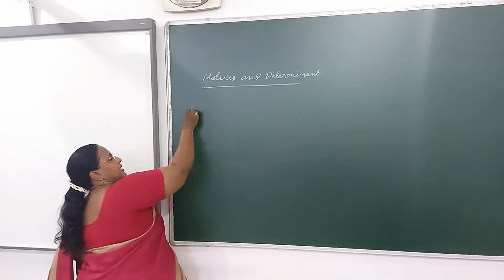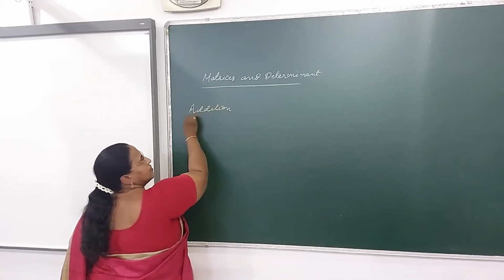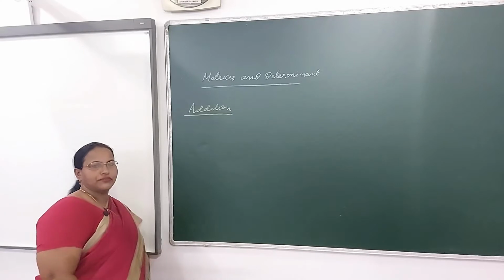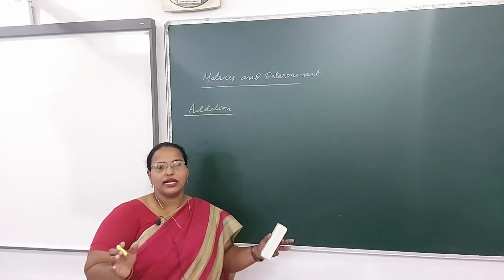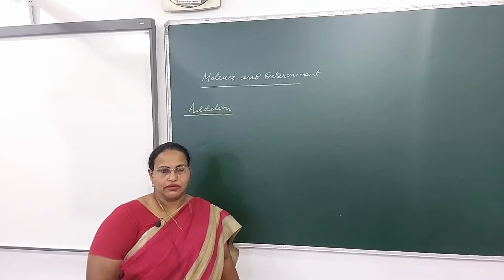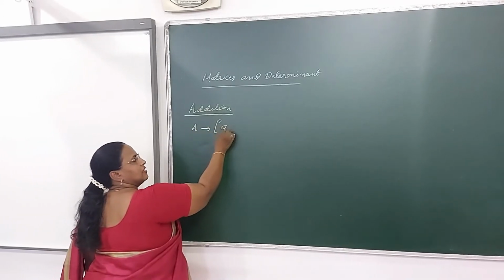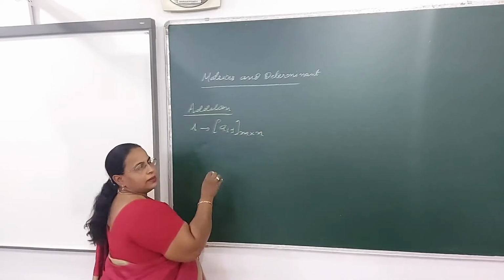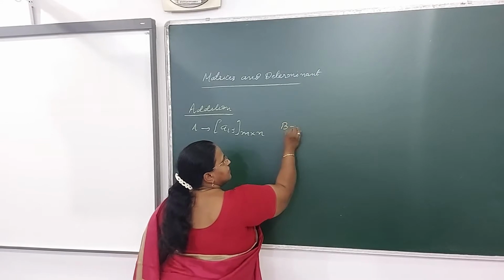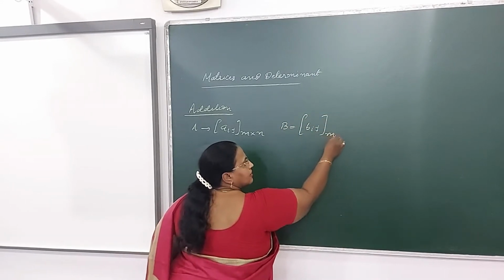Now see, addition of two matrices. How to add? Matrices can be added only if they are comparable. Like, let A be a matrix Aij of order m by n, B be another matrix Bij of order m by n.